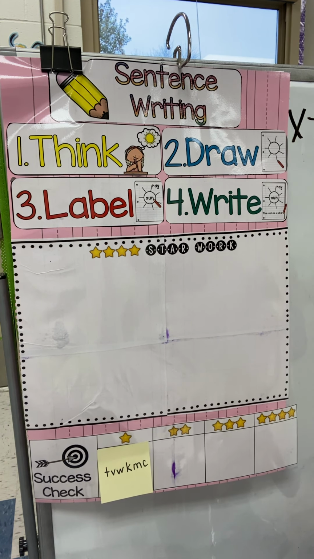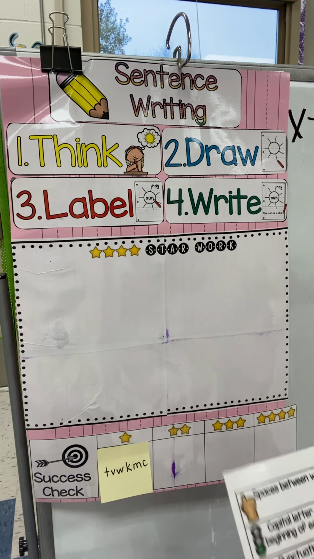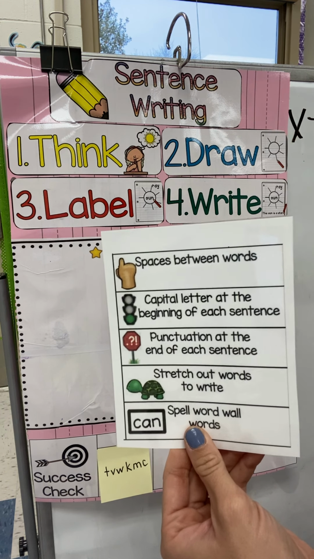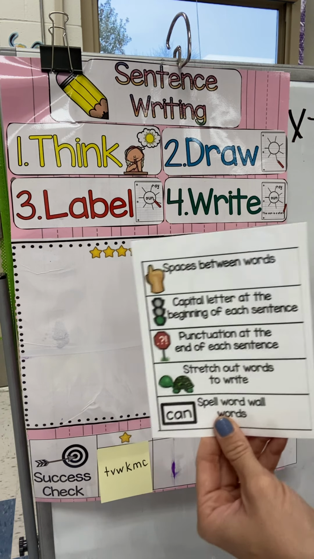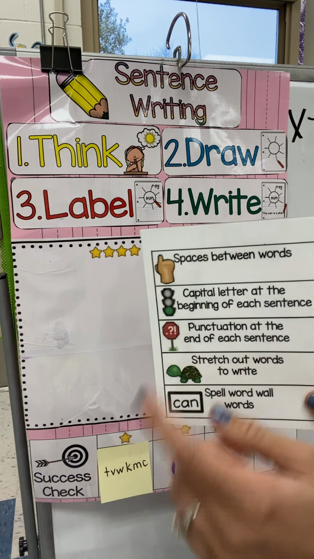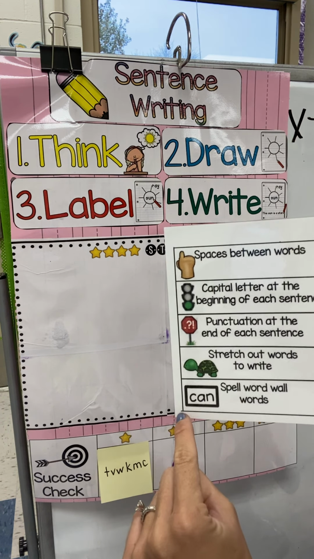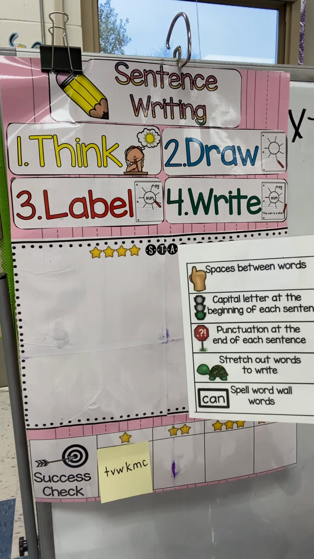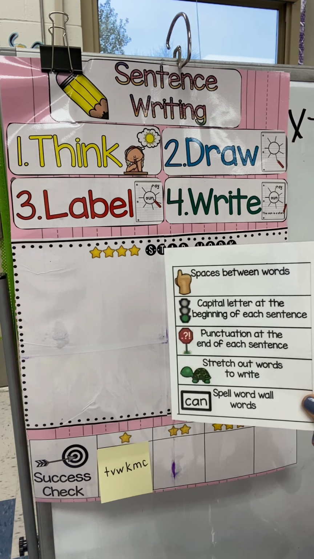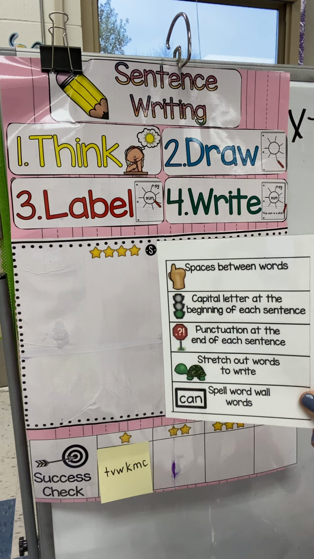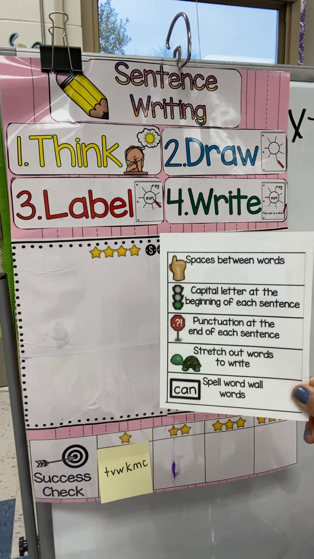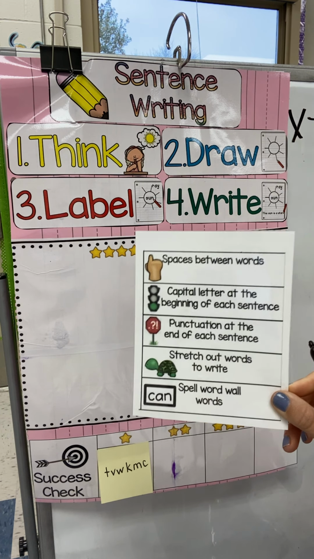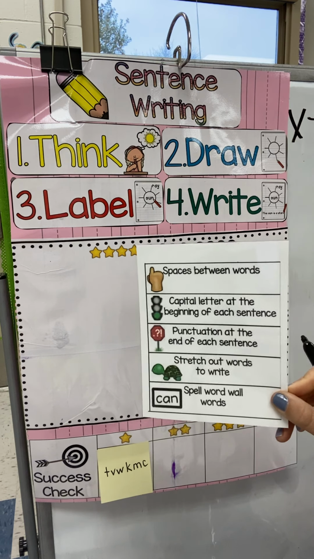to help me remember that's what 1-star writing would look like. Do you remember our checklist that we made last week and we talked about it last week? So a 4-star sentence needs to remember everything from this chart. So let's think about what 2-star writing would look like. So 2 stars, maybe you remembered a couple of things from the checklist, but you forgot a few too.